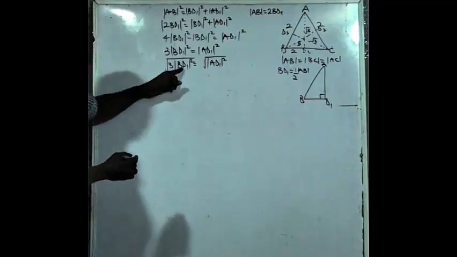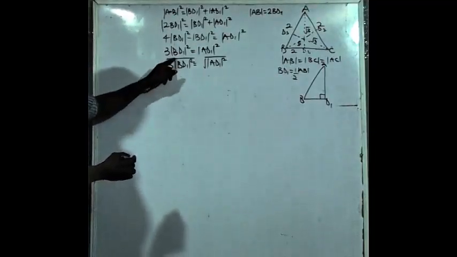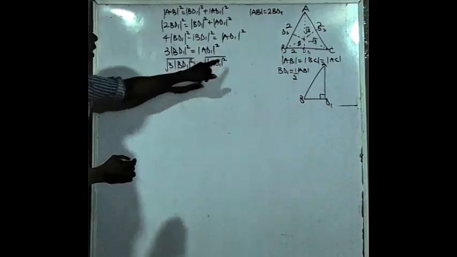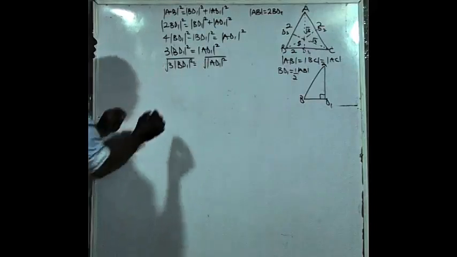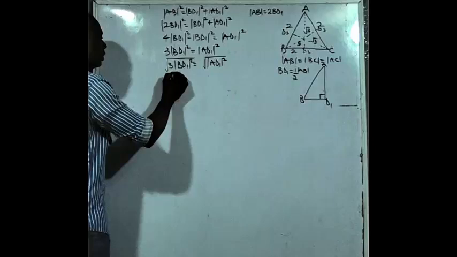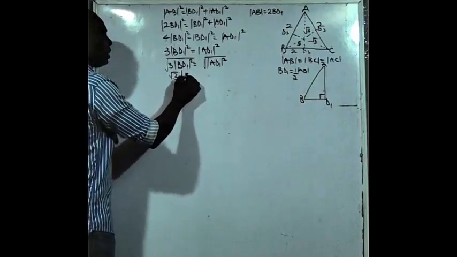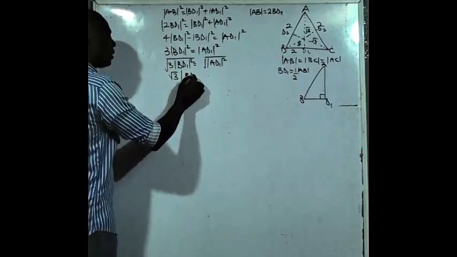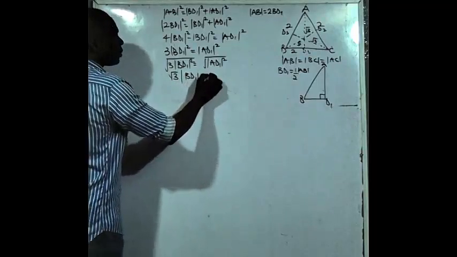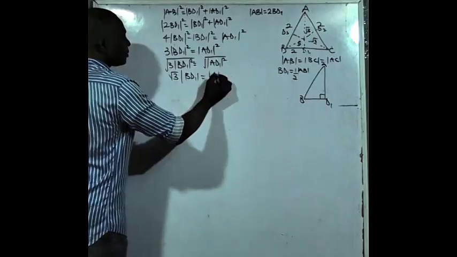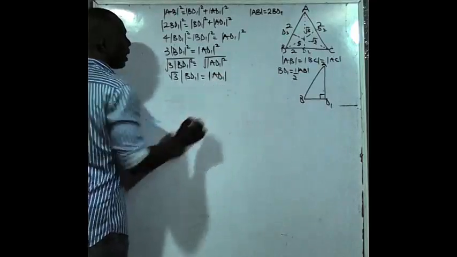Now the square root will take care of the square, and here it becomes root 3 times the line BD1 is equal to the line AD1.